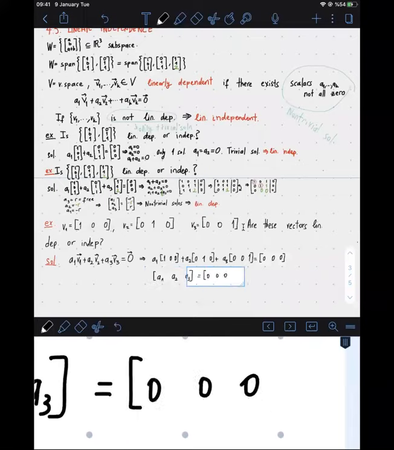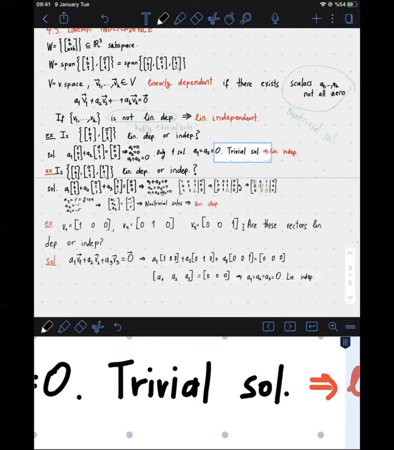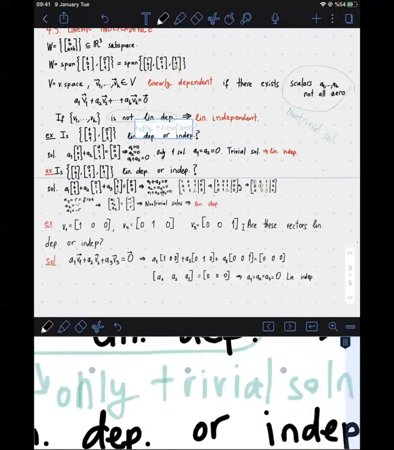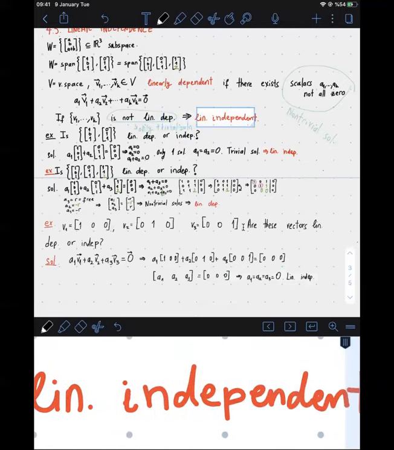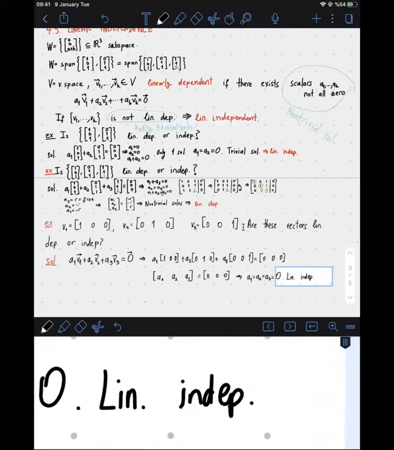So what do we call this case? Independent. You're right, Fatih. They are independent, because if the only solution is the trivial solution, then these vectors are linearly independent. I'm sorry, I misspoke earlier: these three vectors are linearly independent.